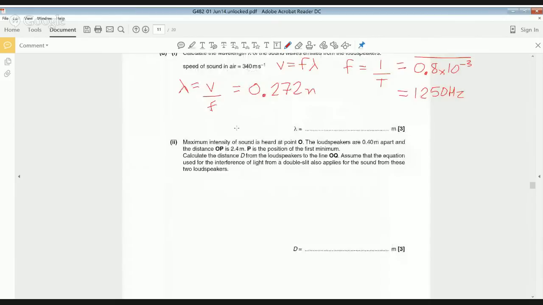So the equation for that on your formula sheet is lambda equals a x divided by capital D, where a here is the separation of the loudspeakers. That's the slit separation in the Young double slit experiment. But here we've got two separate sources instead of two slits, and that's 0.4.